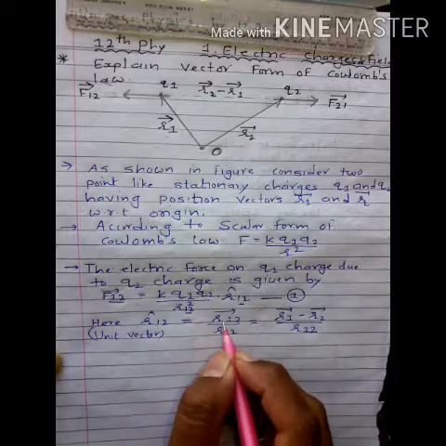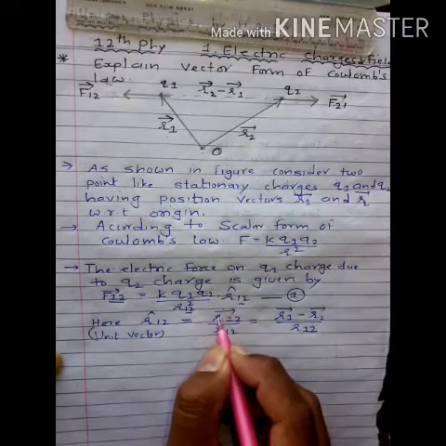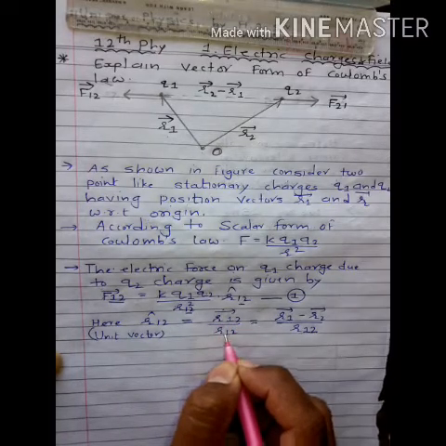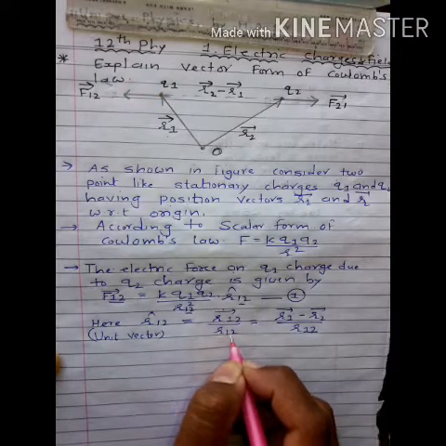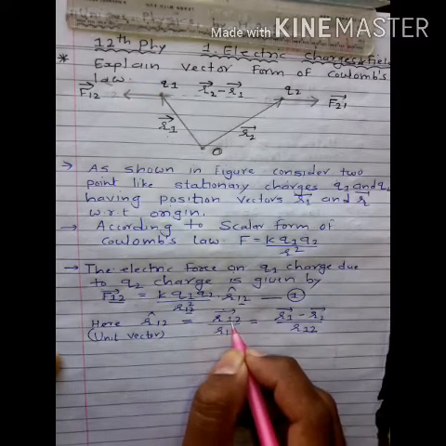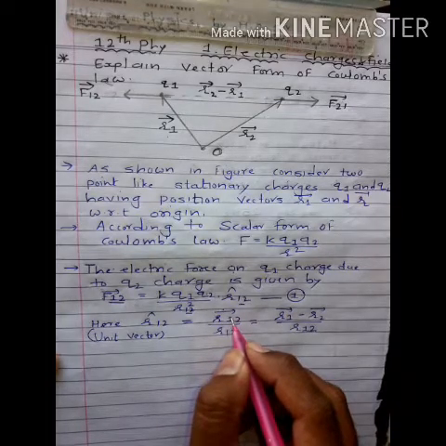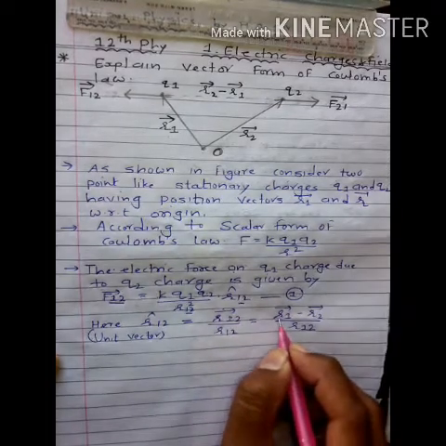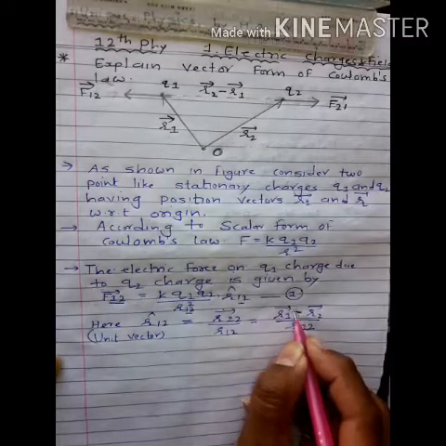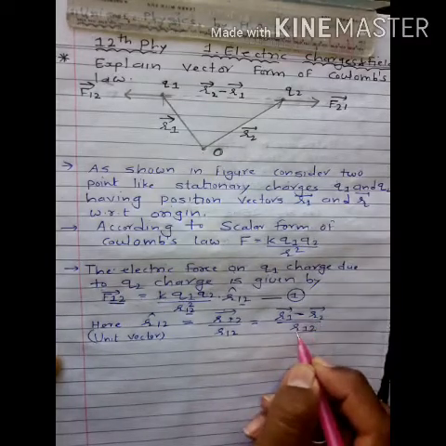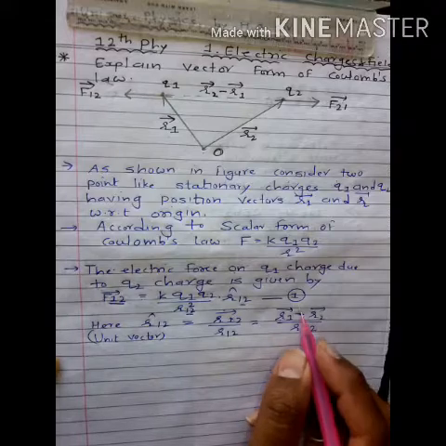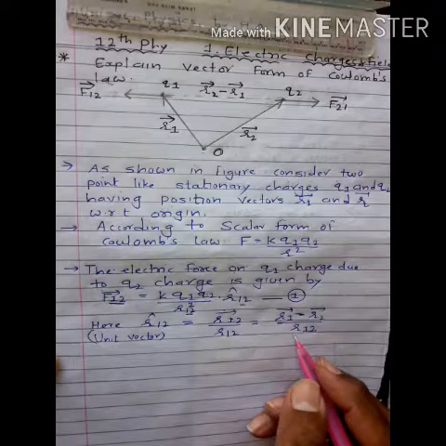R cap 12 is equal to vector r12 upon its magnitude, meaning only r12. Now what is vector r12? Vector r12 is the displacement vector, and it is given by vector r1 minus vector r2 upon r12. So this is your first situation.